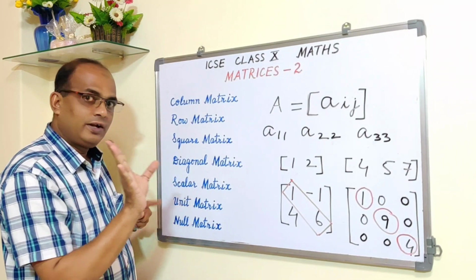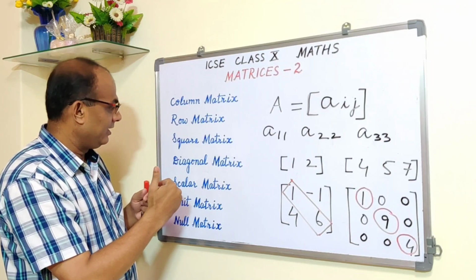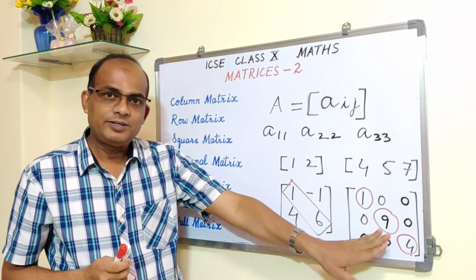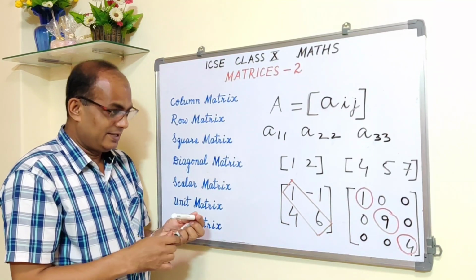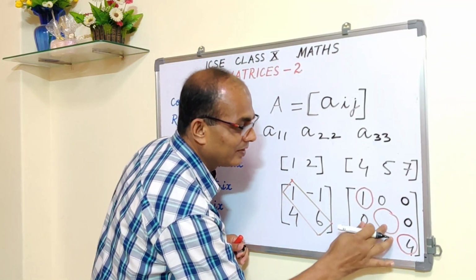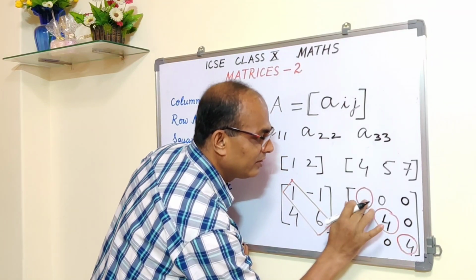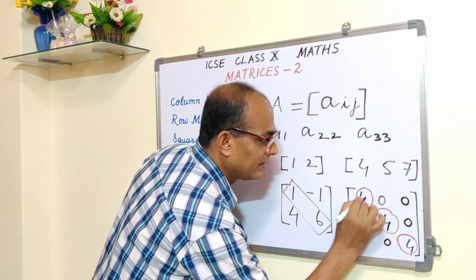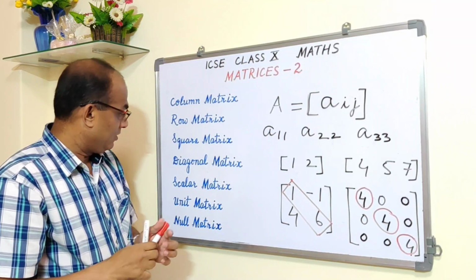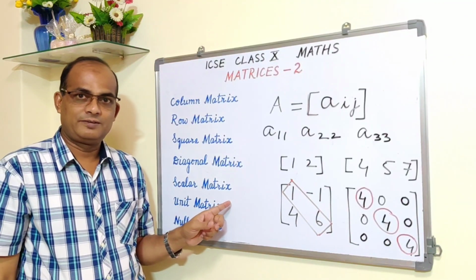I hope that is clear. After that we come to a scalar matrix. Now see how they are related to one another. Diagonal matrix is clear. Now in this diagonal matrix, if all the diagonal elements are the same, suppose this is 4, this is 4, this is 4, then we call it a scalar matrix.